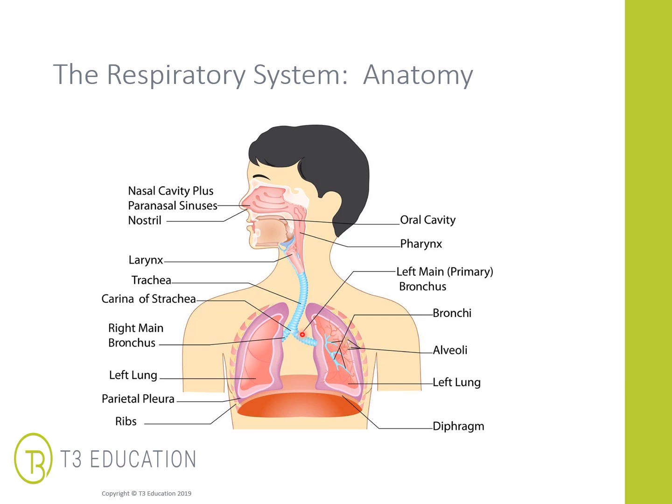Now the bronchi are split into the extrapulmonary bronchi, which are found outside the lung, and then the intrapulmonary bronchi, which are found inside the lung. These split further into tertiary bronchi, which then form tiny bronchioles.